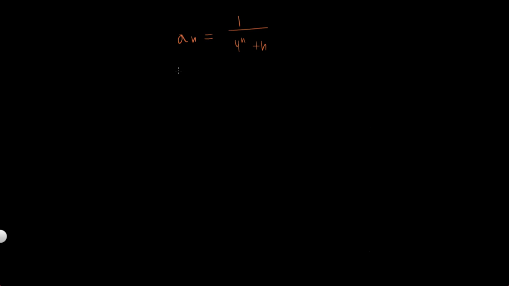And we want to see if the infinite sum of a of n diverges or converges. And the way we're going to do this is we're going to compare this to some series that we are familiar with. Now, maybe pause the video here, think about what we can compare this to, and then keep watching the video to find the solution.